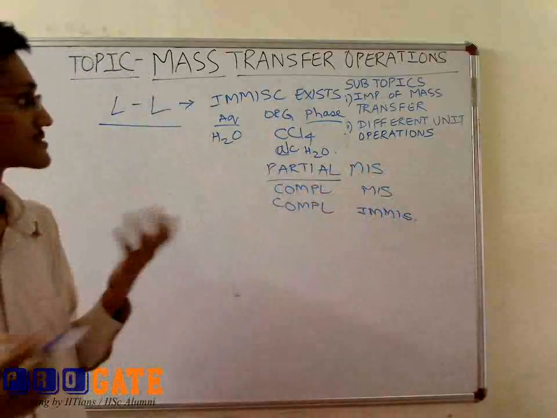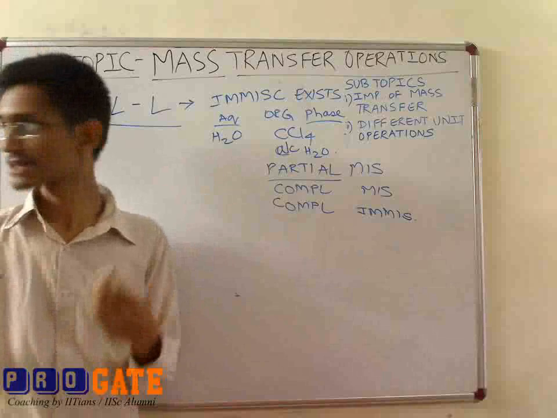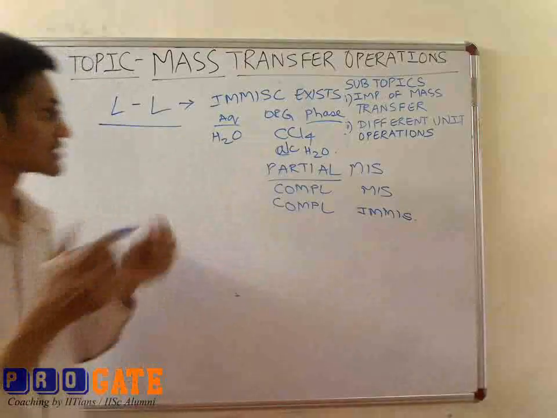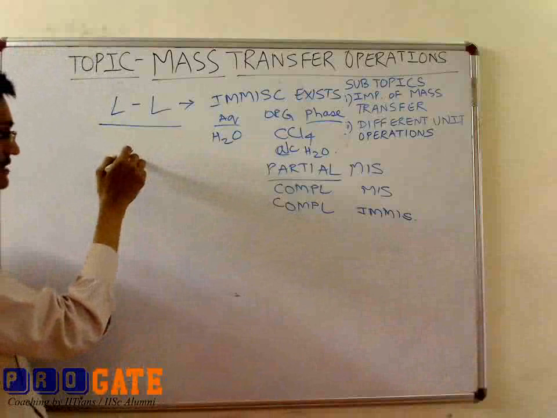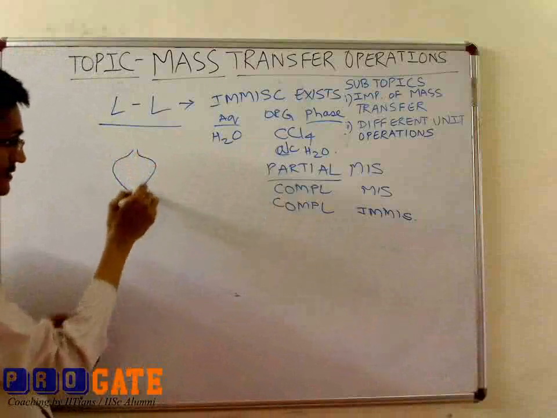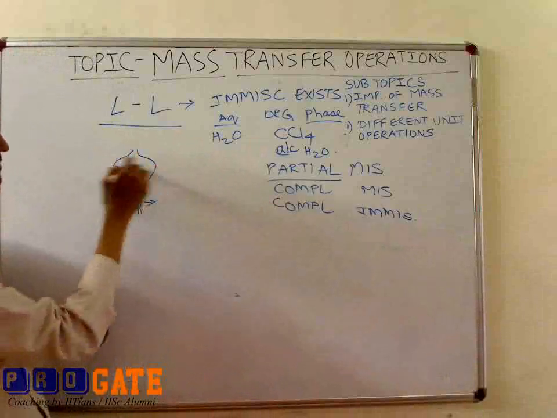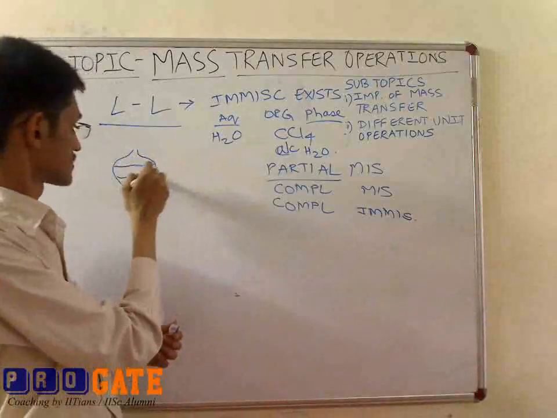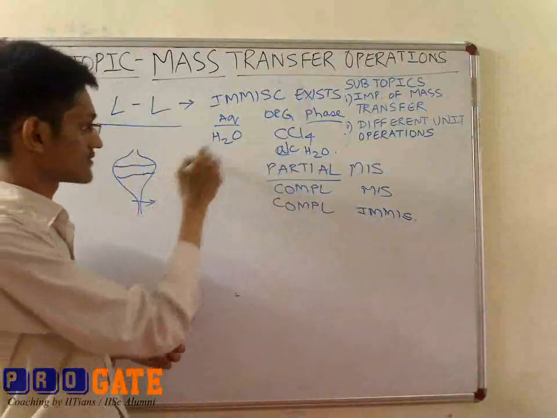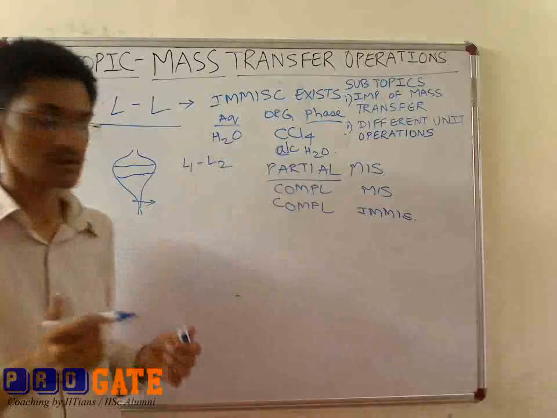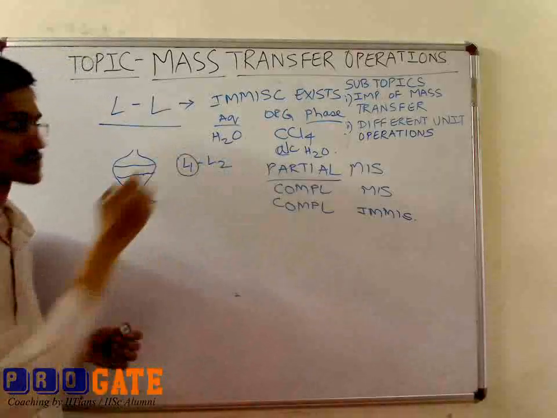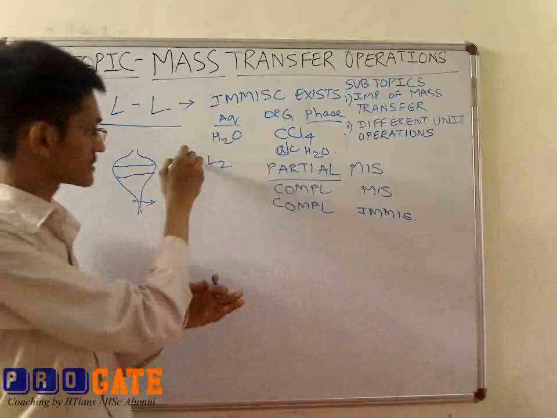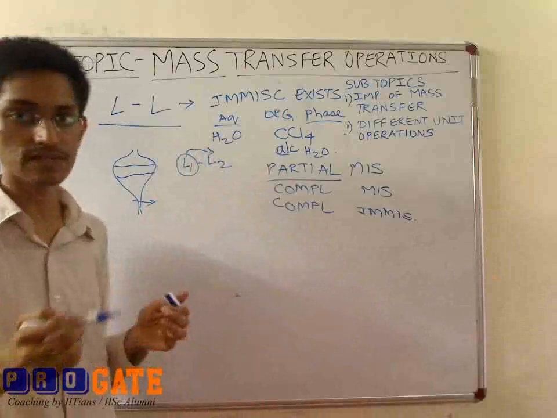Now during your lab experiments you may have carried out extraction process in the lab. So how that extraction process is carried out, we have a separating funnel in which you have L1 and L2 as the mixture, and your aim is to separate a solute from the L1 phase to the L2 phase.